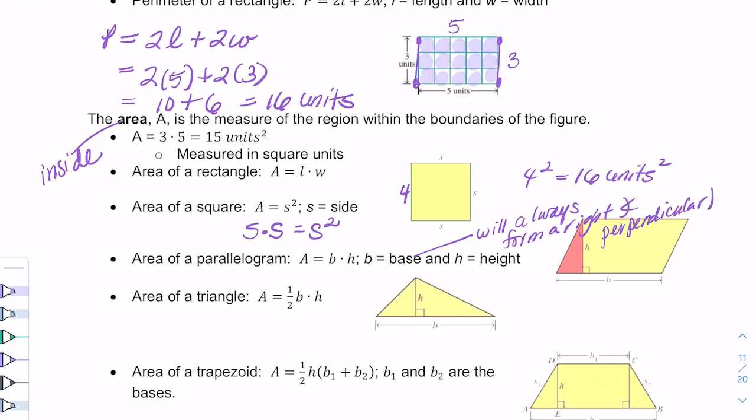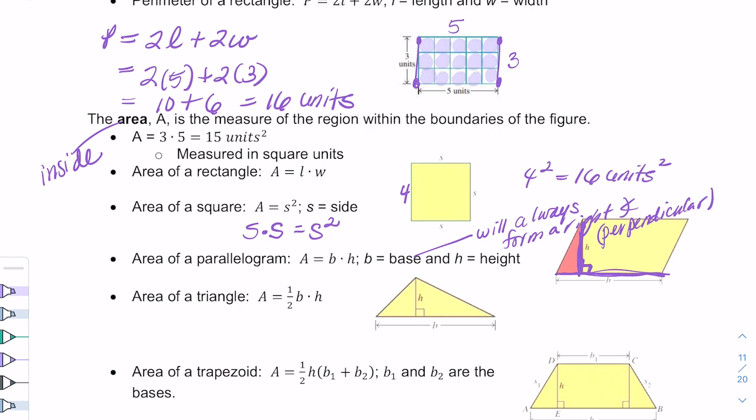Perpendicular lines are 2 lines that intersect to form a 90-degree angle. So if I look at the height, which is right here, and I look at the base, which goes along the bottom there, you've got a 90-degree angle. That's how I can tell what the base and the height are. So I would just take those 2 numbers and multiply them.